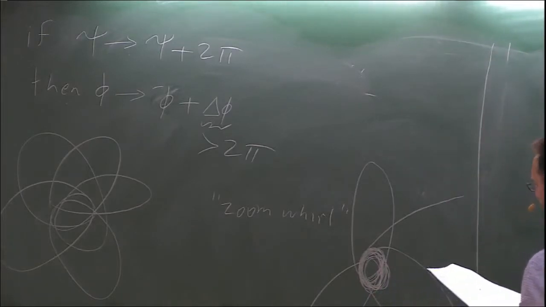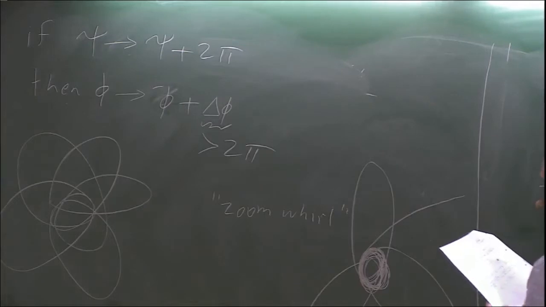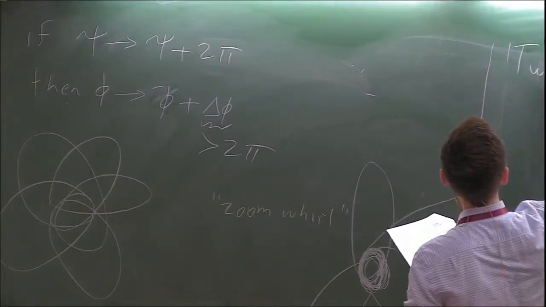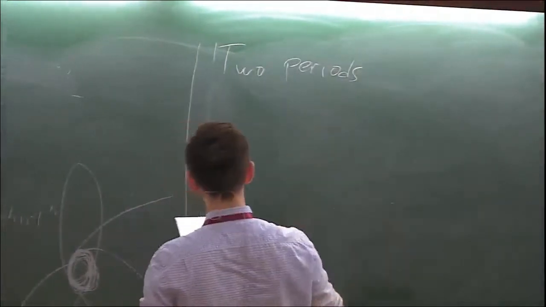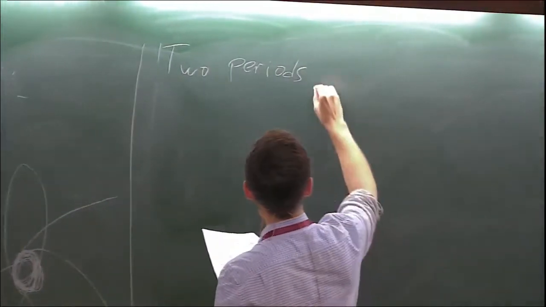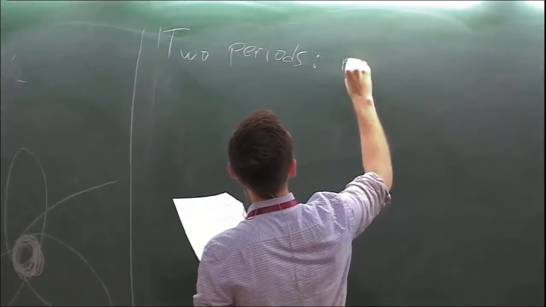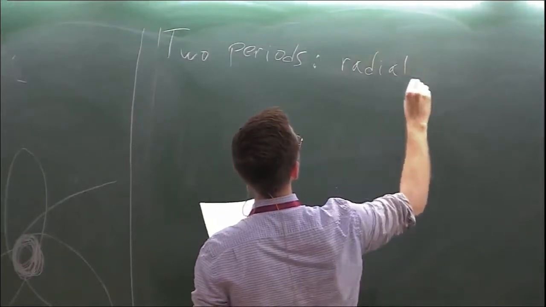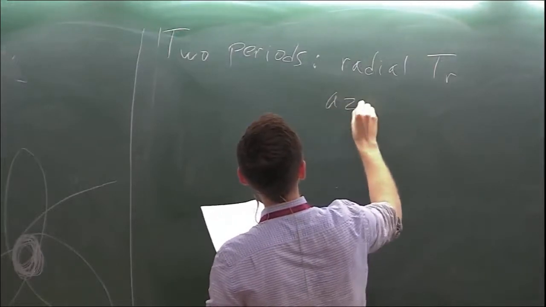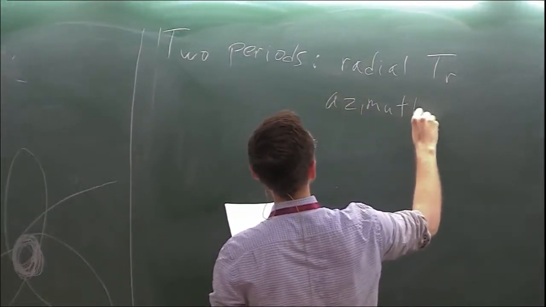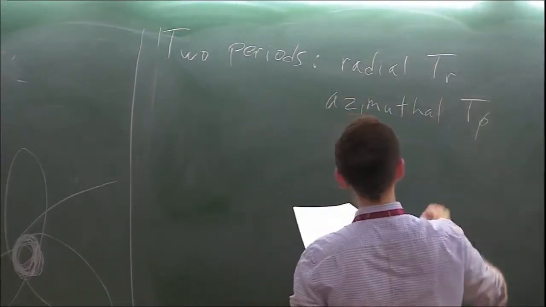Okay, but now a key thing here is this means we have 2 frequencies, or 2 periods. One for the radial motion and one for the phi motion. So we have a radial period, T_r, and an azimuthal period, T_phi.